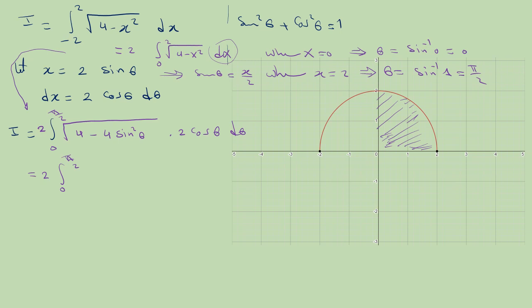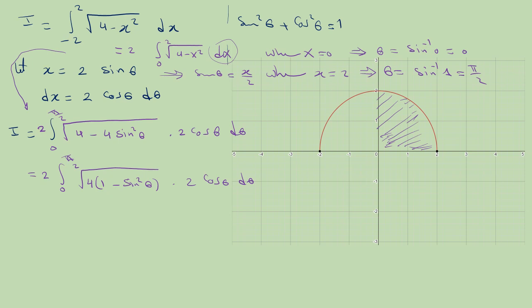We can take 4 as a common factor under the square root. It will be 4 times 1 minus 4 sine squared theta divided by 4. 4 cancelled with 4. It will be sine squared theta. Then 2 cosine theta d theta.